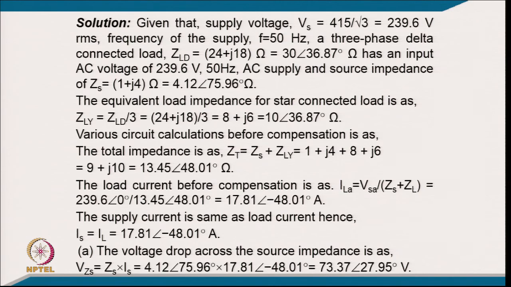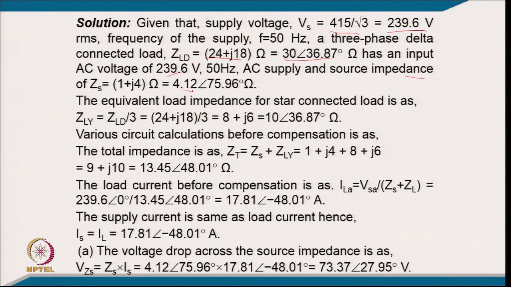So, coming to the solution, given that the supply phase voltage is 415 by root 3, that is 239.6 volt, and frequency 50 hertz. We have a load impedance ZLD equal to 24 + j18, that is 30 ohm at the angle of 36.87 degree, with an input voltage of 239.6 volt at 50 hertz AC supply, and source impedance ZS equal to 1 + j4 ohm.